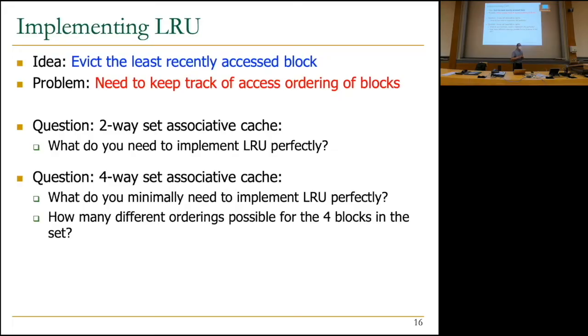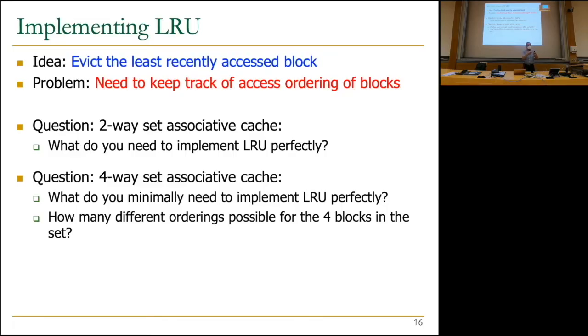If you want to think about it, this is basic probability theory. If you look at 4 possible blocks, one of those 4 blocks can be the least recently used. Once you decide the least recently used, there are only 3 blocks left to be the next least recently used.